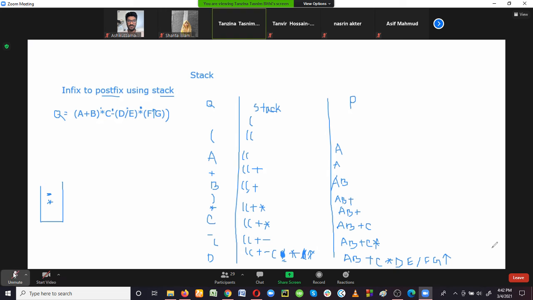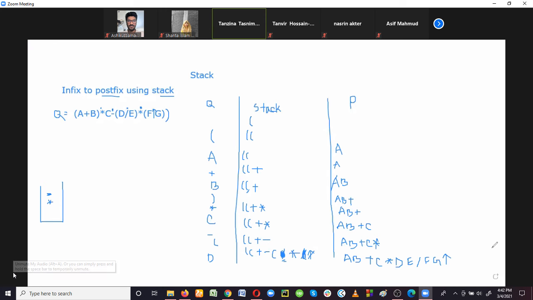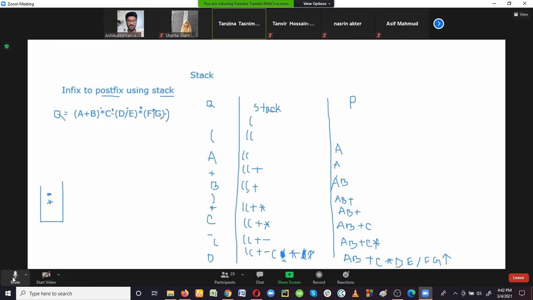Where can we add that element? Madam, in which step are we now? Here, isn't it? Yes, ma'am. So which operator should be written here?